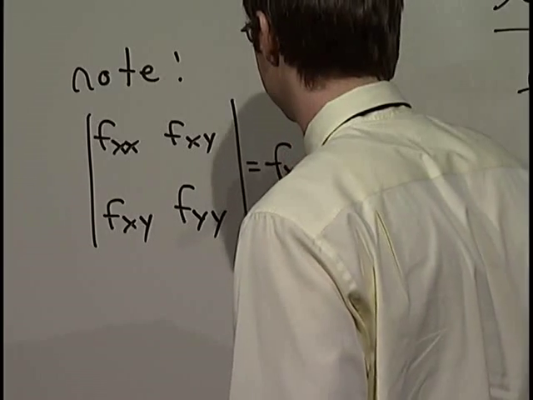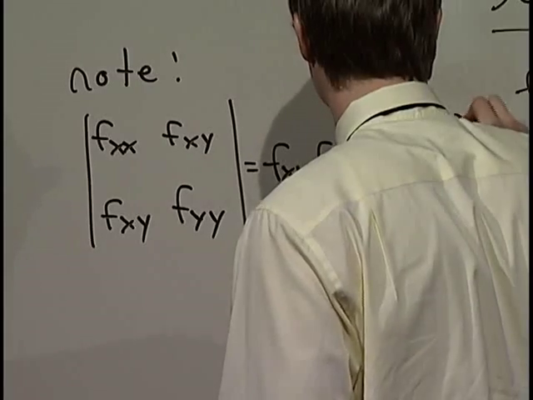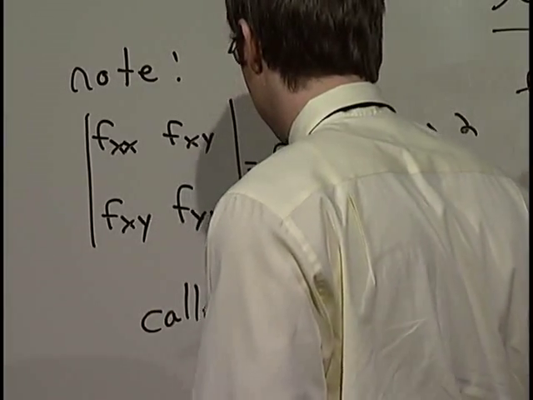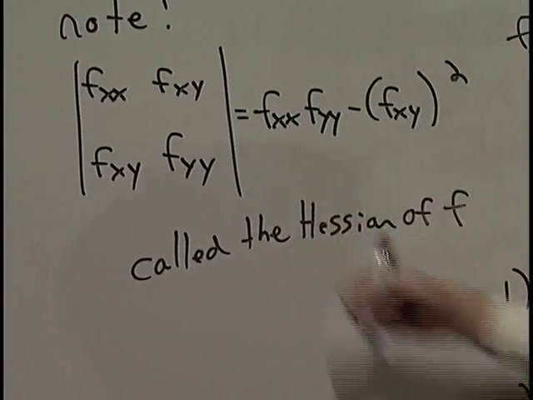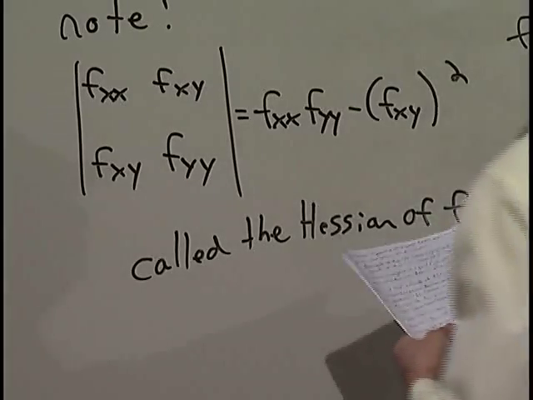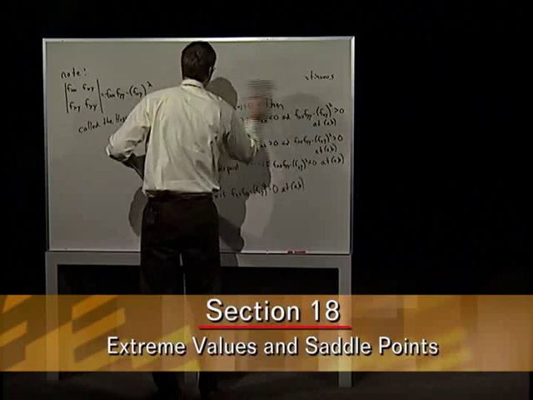So fxx fyy minus fxy squared. This is called the Hessian of f. Okay, so what does the test mean? Okay, let me erase. Let's talk about the Hessian for a minute and its behavior.